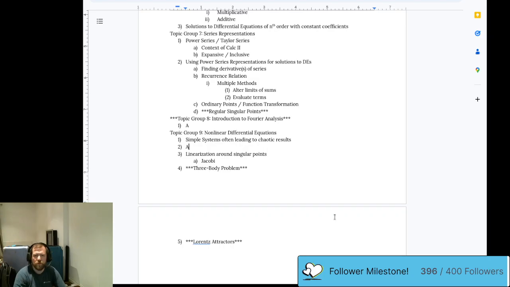Nonlinear differential equations typically end up leading to chaotic results, even in simple systems. Really any nonlinear differential equation.